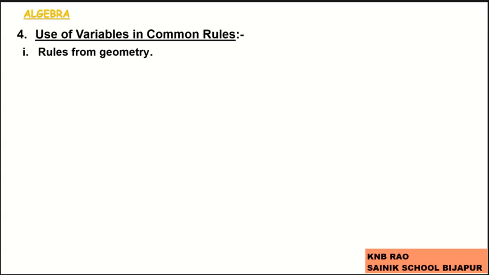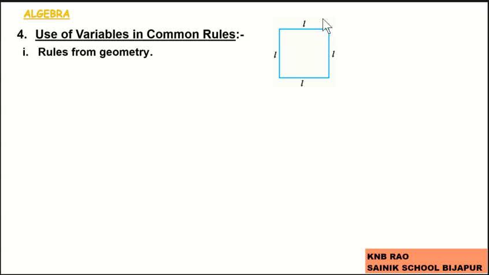Normally, rules from geometry such as the perimeter of a square. You know, in a square of side L units, if you want to find the perimeter, you will find it by taking this variable.